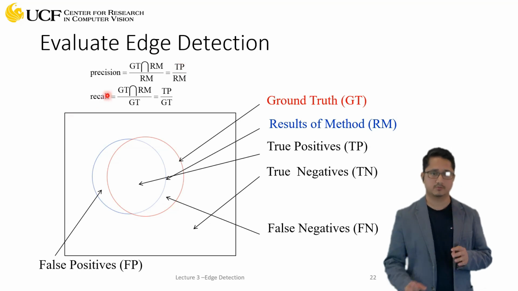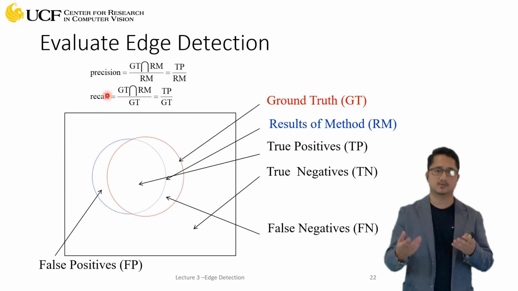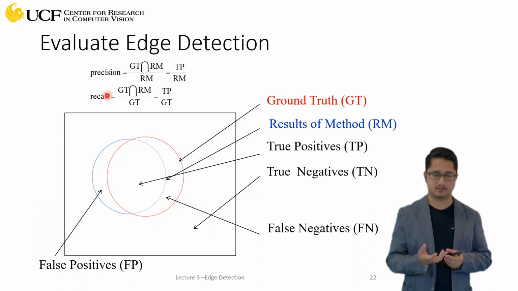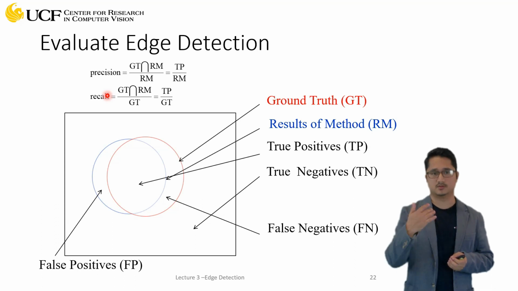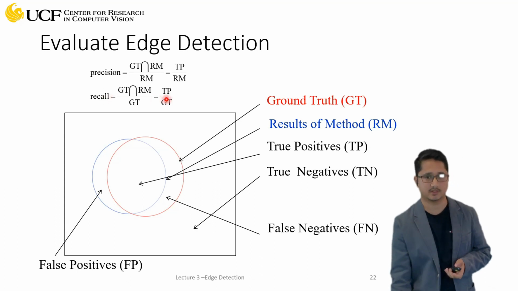Recall tells you, if there were, let's say, 1,000 edges, out of those 1,000 edges, how many your method was able to detect. You can see it's kind of recalling what is an edge and what is not an edge. So if you look at this formula over here, it says true positive over ground truth.